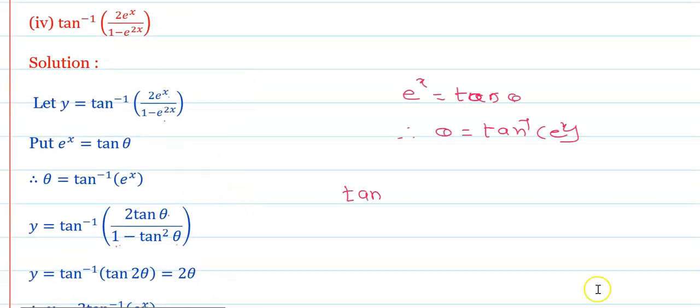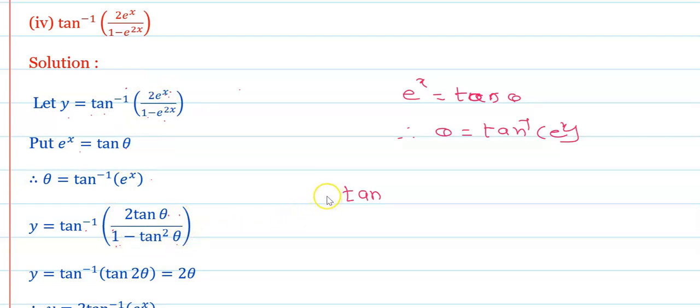Now the next problem. In this problem, the substitution is e raised to x is equals to tan theta. Okay. Therefore, y is equals to tan inverse of 2 times e raised to x upon 1 minus e raised to 2x. Put e raised to x is equals to tan theta. Theta is equals to tan inverse of e raised to x. Therefore, y is equals to tan inverse of 2 tan theta upon 1 minus tan square theta.